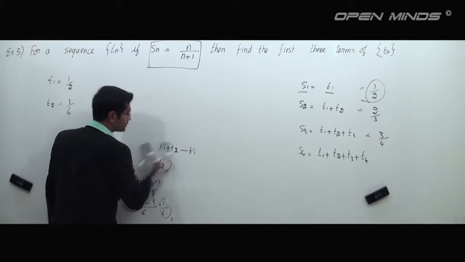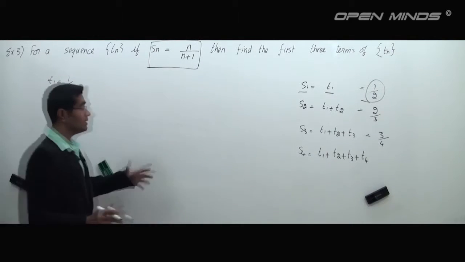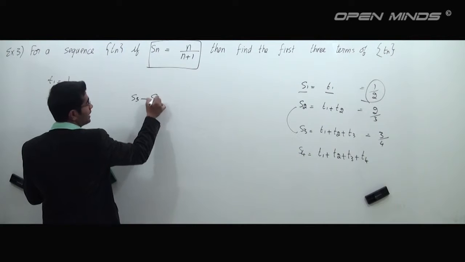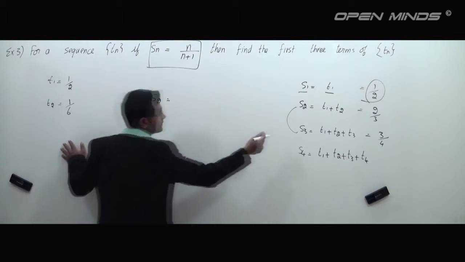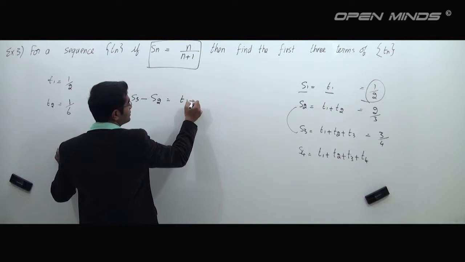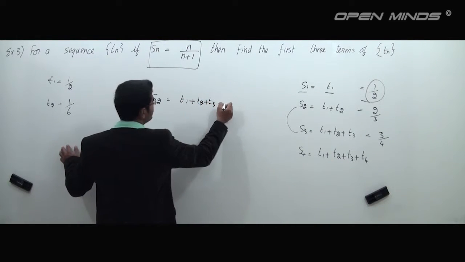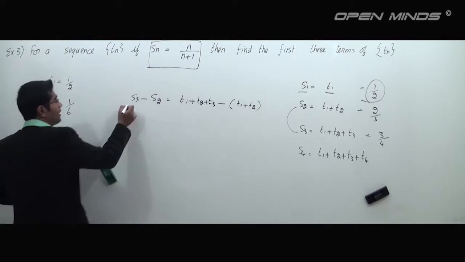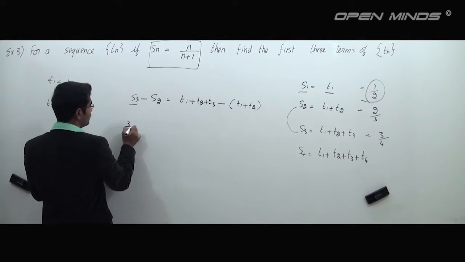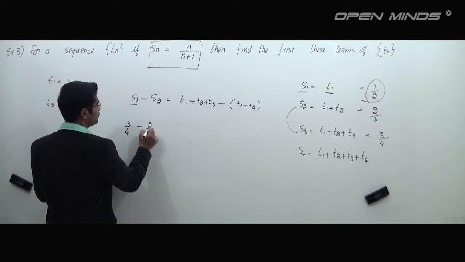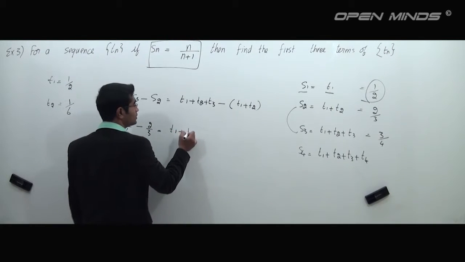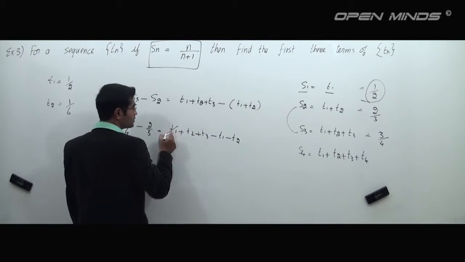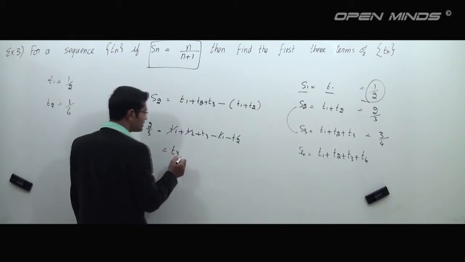Now how will I get T3 in this case? Let me subtract S2 from S3. S3 is T1 plus T2 plus T3, and S2 is T1 plus T2. From the formula, S3 is 3 over 4 and S2 is 2 over 3. On this side, T1 plus T2 plus T3 minus T1 minus T2, so those go off and you get T3, the third term.